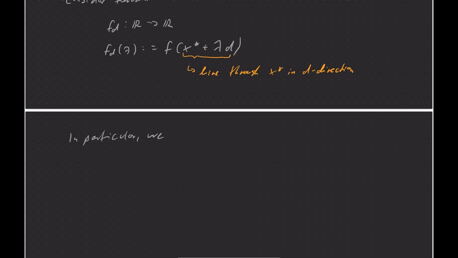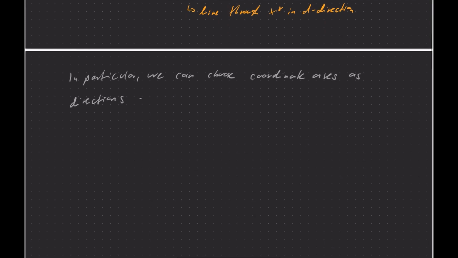In particular, we can choose the coordinate axes as directions, and we call the results partial functions.